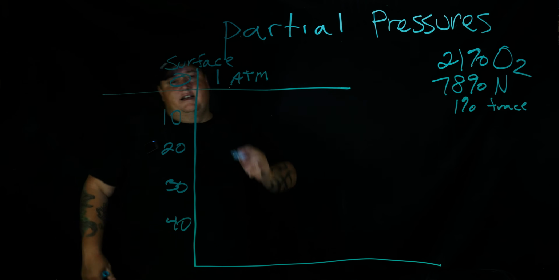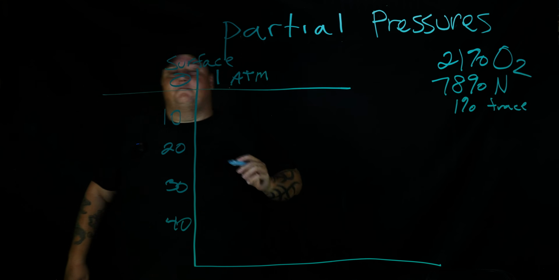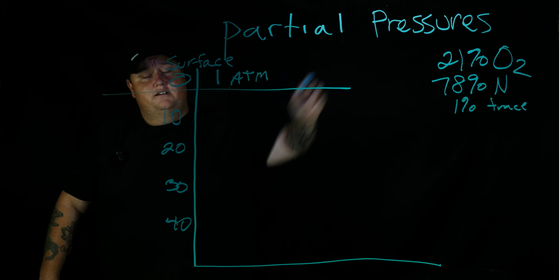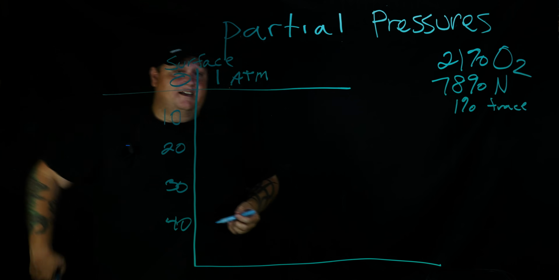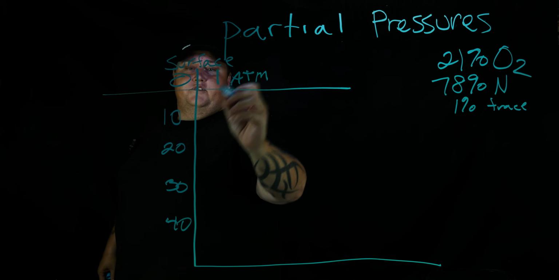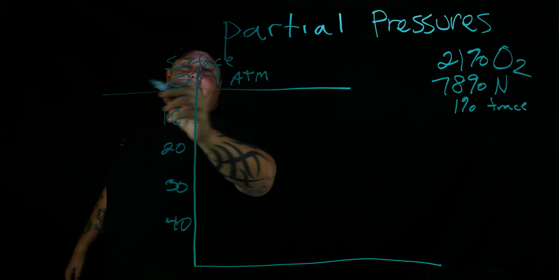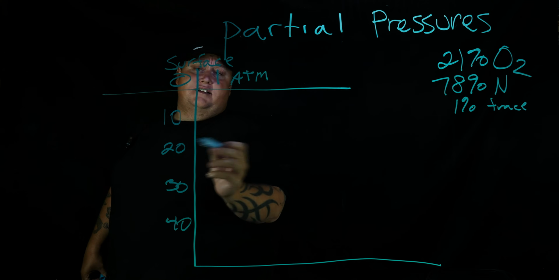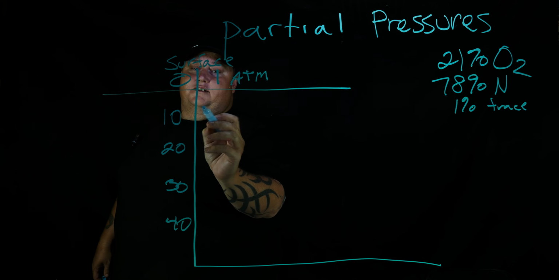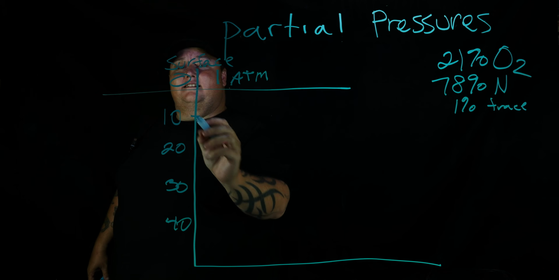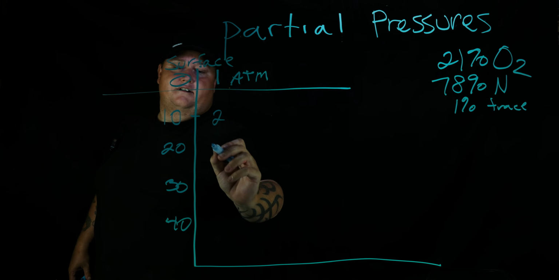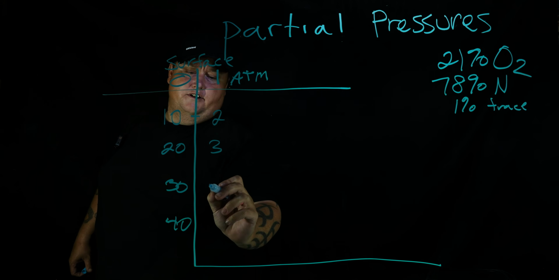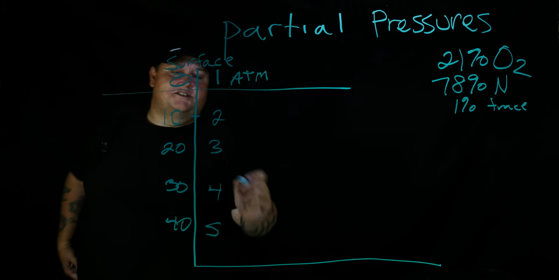So does that mean at every 10 meters we have 1 more bar? Does that mean we have 0.21 more partial pressure of oxygen? Yeah, it does. So if it's 1 atmosphere here on the surface, 0 feet, or 0 meters, then here at 10 meters, it'd be 2 atmospheres, 3 atmospheres, 4, 5, and so on.